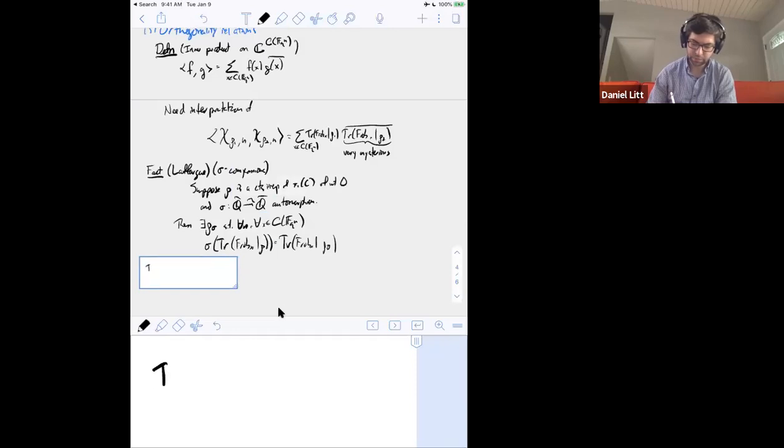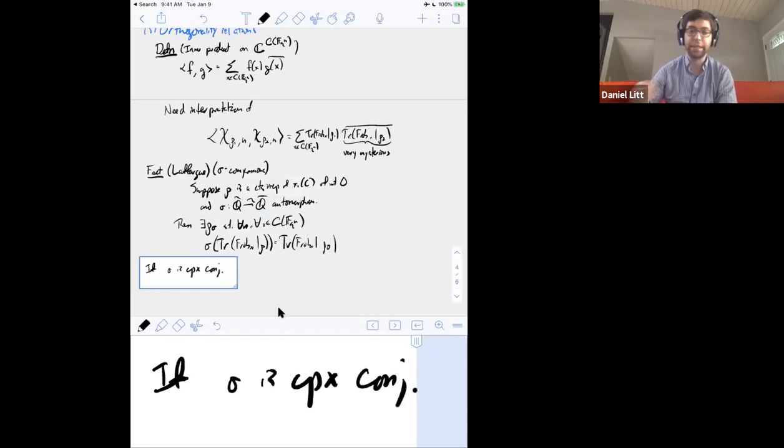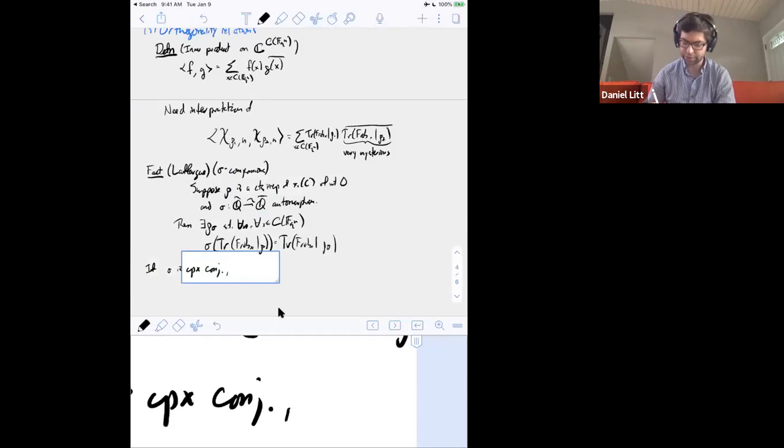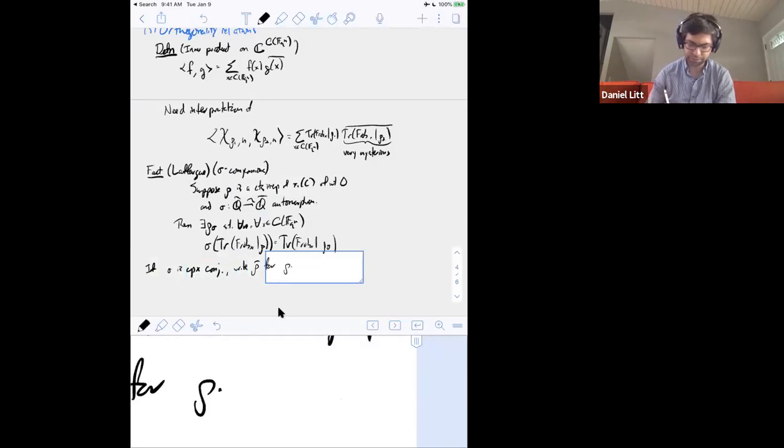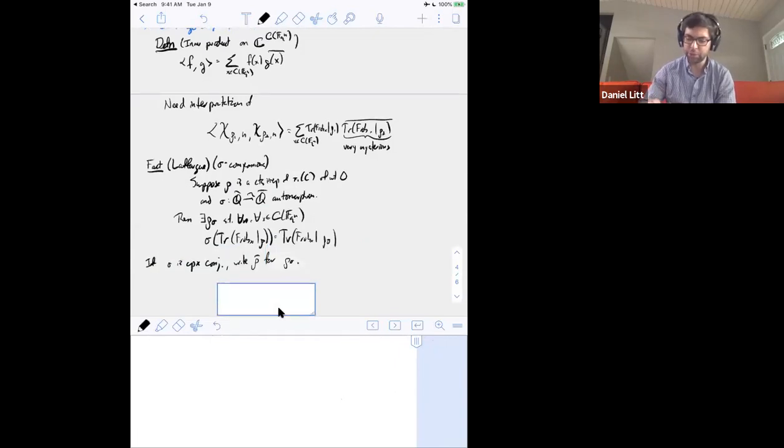Now back to our situation. If sigma is complex conjugation, meaning coming from our embedding of Q bar into C, I'm going to write rho bar for rho sigma. Now we can try to interpret this mysterious sum from before.